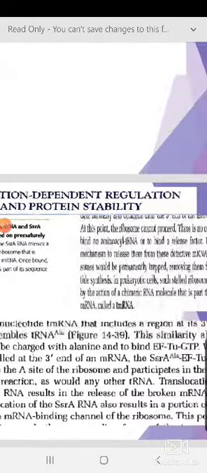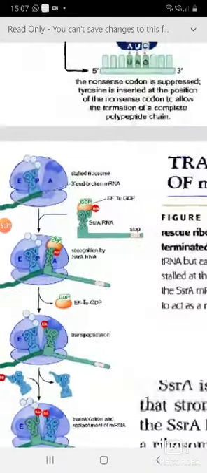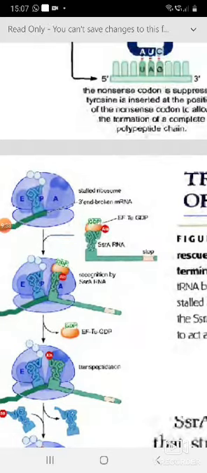And after that, what happened? It transfers the growing polypeptide chain. If you see from this place, there is enough room for this big chimeric RNA to enter, through its region resembling alanine tRNA, and carrying an alanine amino acid also.